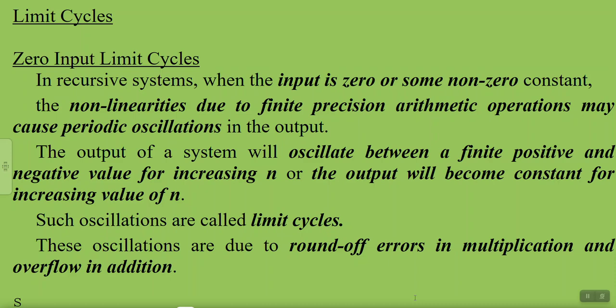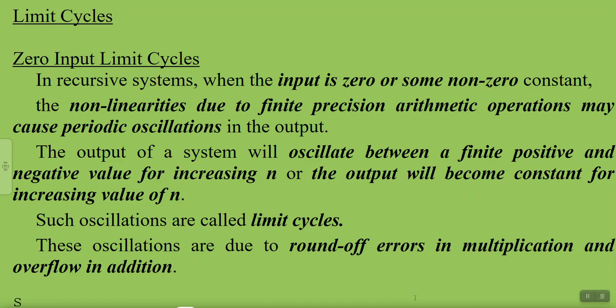These non-linearities may cause the output to oscillate. These oscillations can be a periodic oscillation, which means that the output of the system will oscillate between a finite positive value and a finite negative value for the increasing value of n.